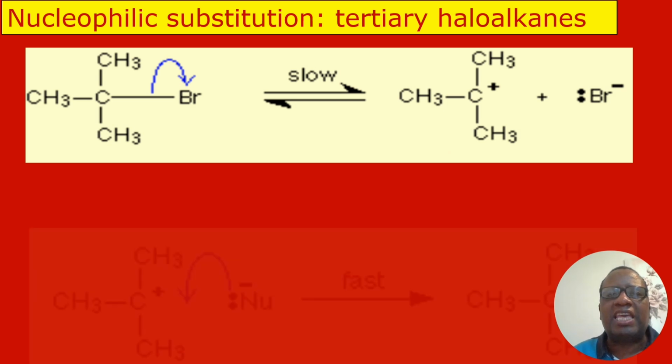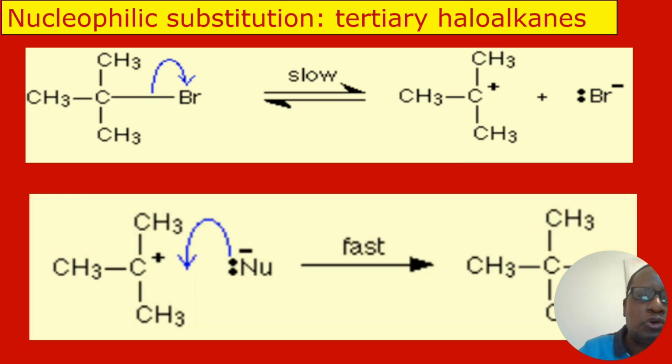Once the carbocation is formed, your nucleophile will attack the carbocation. This is a two-step reaction. The first step is slow, and the second step is very fast. This explains why tertiary haloalkanes give a faster reaction, because this first bond breaks on its own, and once you form a carbocation, your nucleophile quickly comes in and attacks.